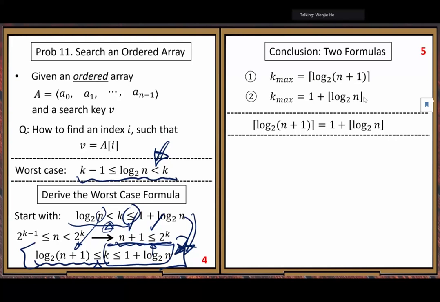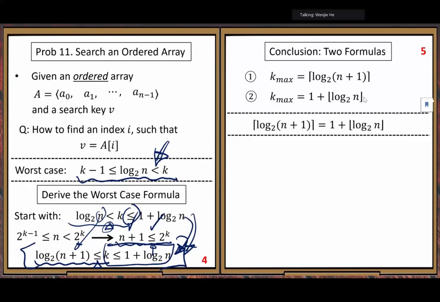Then you can use either version. Anytime I ask you similar questions, you just select one of the two formulas to use.